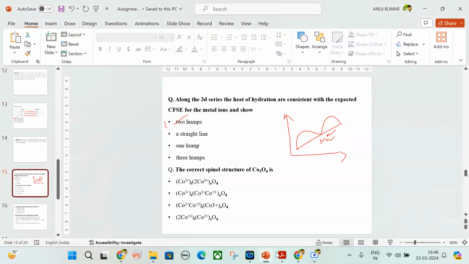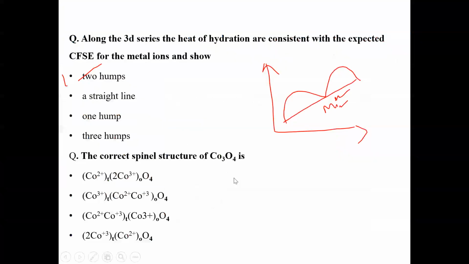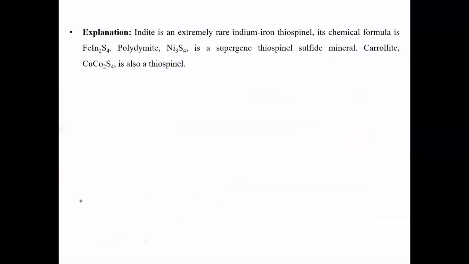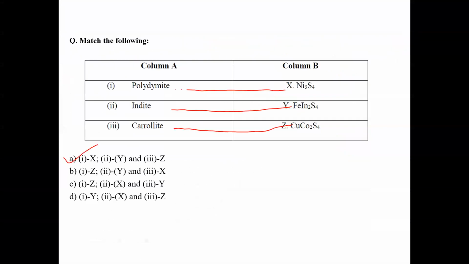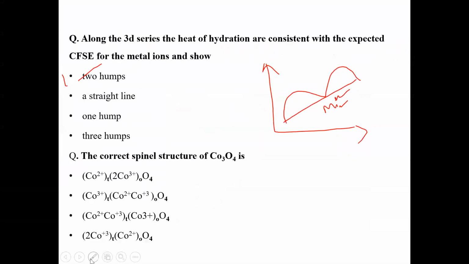Since it is having an inverse spinel structure, it will be having this composition. One trivalent cation is in the tetrahedral void, and one +2 and one +3 each occupy octahedral voids, since it is an inverse spinel structure. Okay.